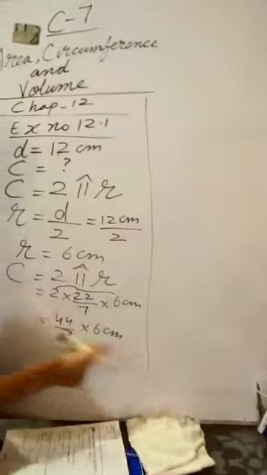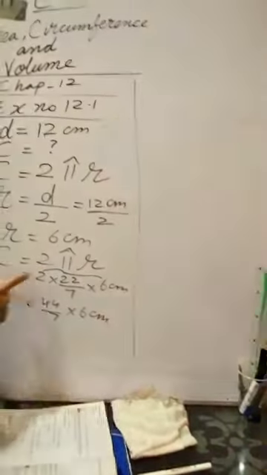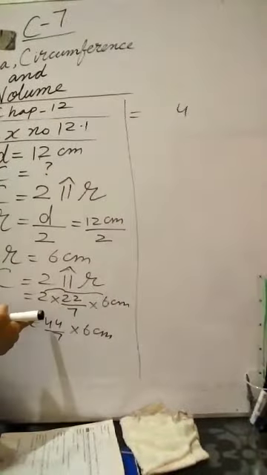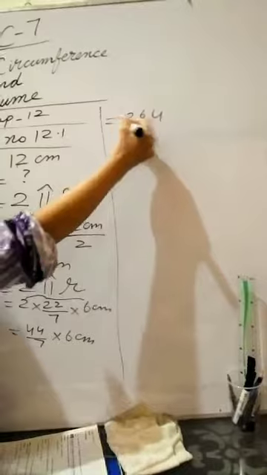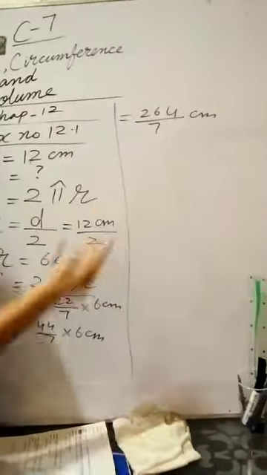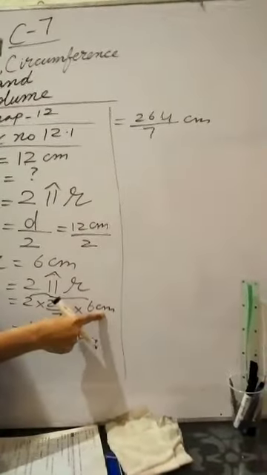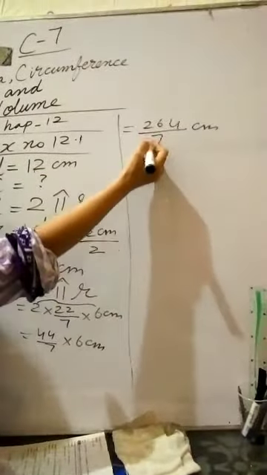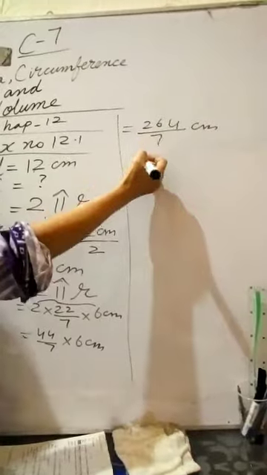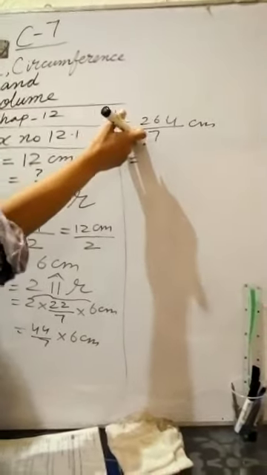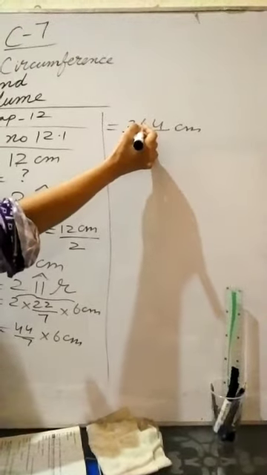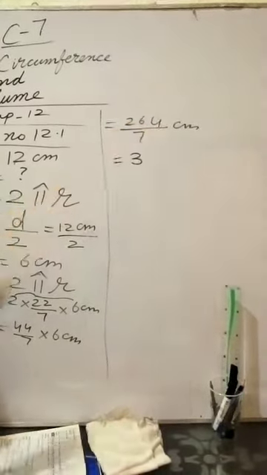Now multiply both numerators. 6 times 4 is 24, 2 on the carry, 6 times 4 is 24, 25 and 26, divided by 7. Centimeter is the unit of measurement. So we need to divide it.